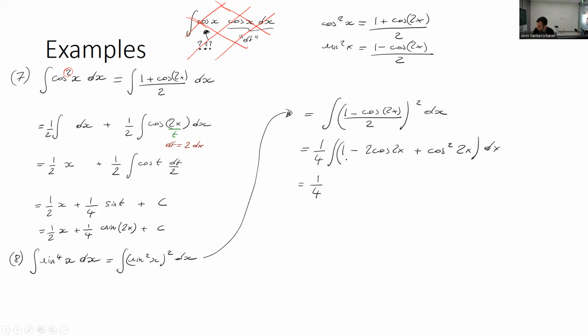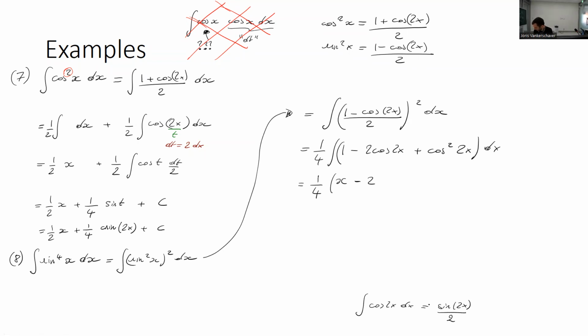And the first two parts are easy. So we get 1/4 and then the integral of 1. That's going to give us an x. And then minus 2 times the integral of cosine 2x. I've already done that when I did example number 7. So the integral of cosine 2x dx is going to be sine 2x divided by 2.